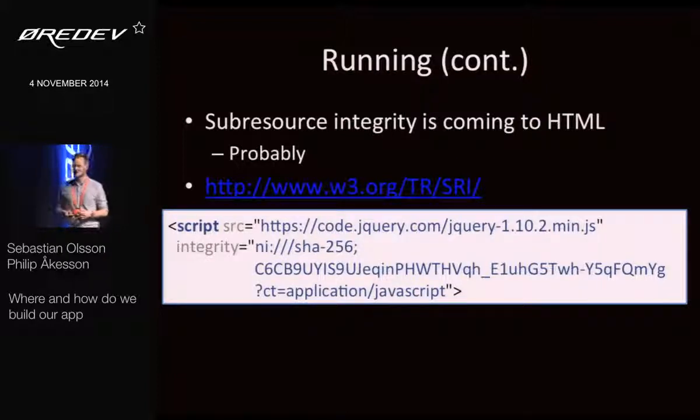It's more in an RFC state, and with subresource integrity, you can add integrity attributes to script tags, image tags, even link tags, I think, saying that the resource should have this SHA-256 hash when it's downloaded, otherwise I don't trust it. So this is going to be really nice, I think. I hope you also think this is going to be nice. You can even protect resources from within your own server.